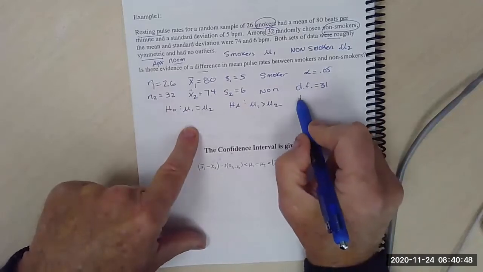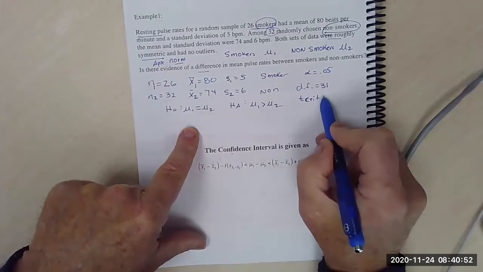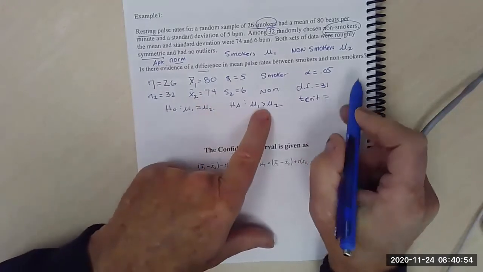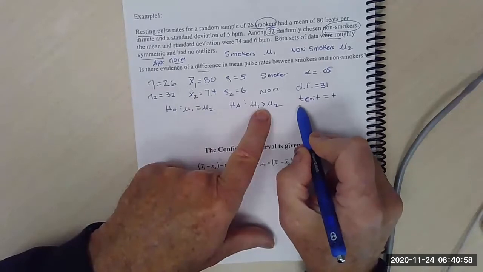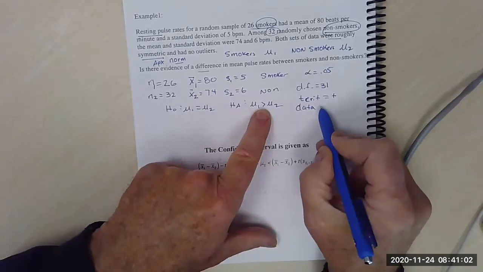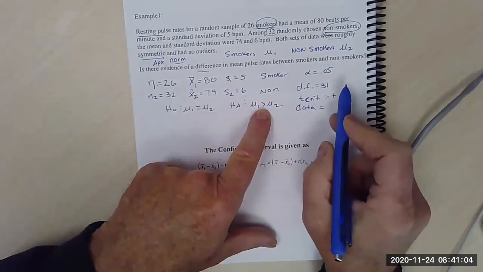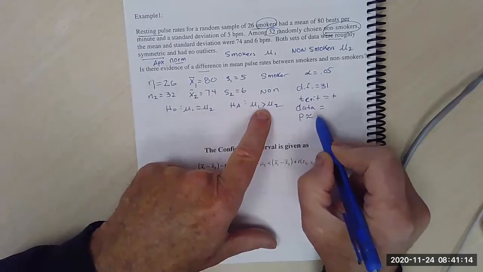And t crit, since it's a right tail, it'll be positive something, and the t statistic will come from the calculator somehow. I'll show you that. And then the p-value comes from the calculator again.